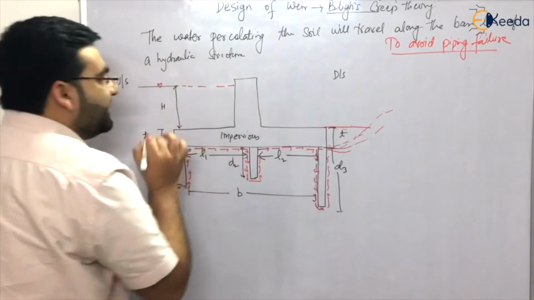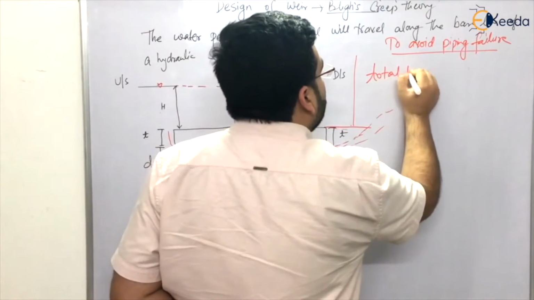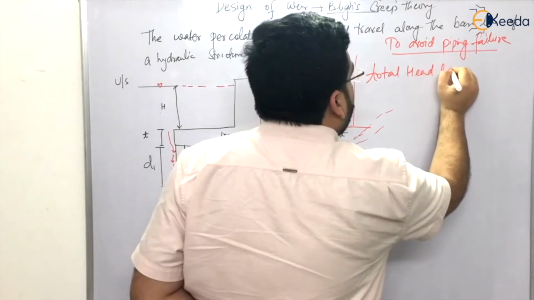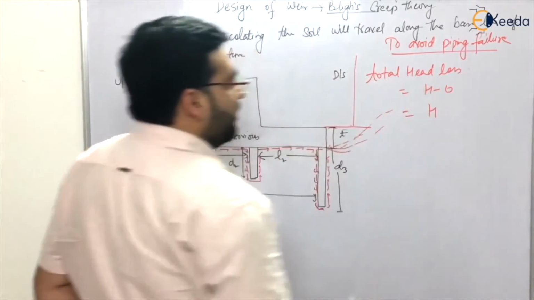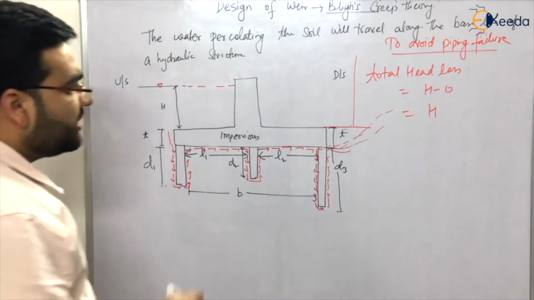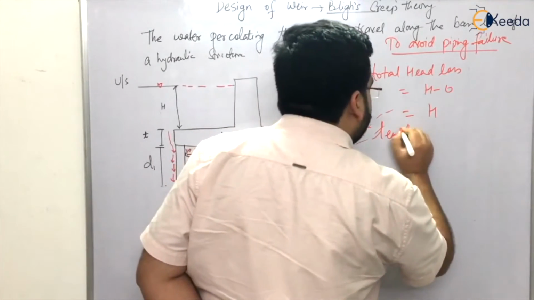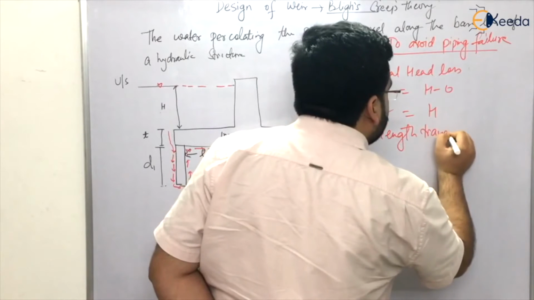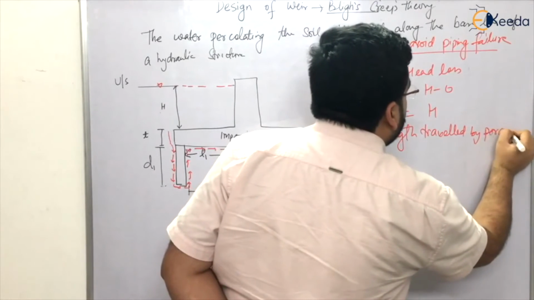So you can say that the total head loss is actually equal to h minus 0. That is h initial minus final, total head loss. And what is the length traveled by the percolating water?